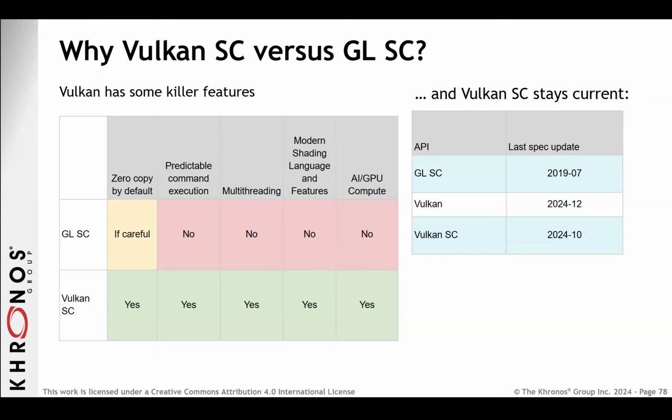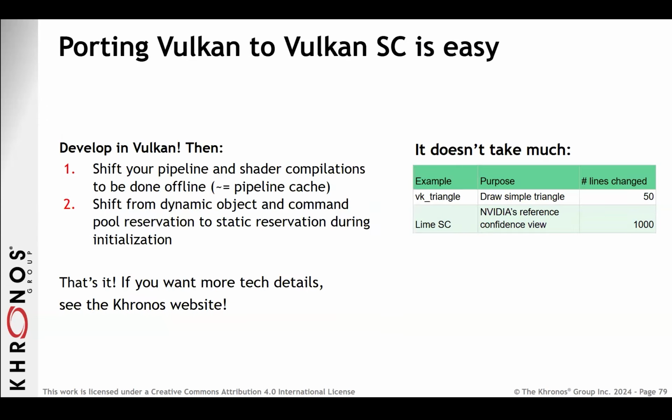On the other hand, Vulkan SC is built on top of Vulkan, so it has zero copy by default. It is multi-threaded friendly, and it supports modern shading languages and features. For example, you can write your shaders in GLSL or HLSL or Slang, and they will be supported in Vulkan SC. And on top of that, Vulkan SC supports compute functionality, so it's kind of a no-brainer.